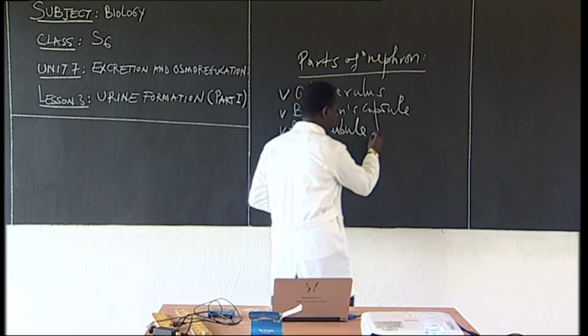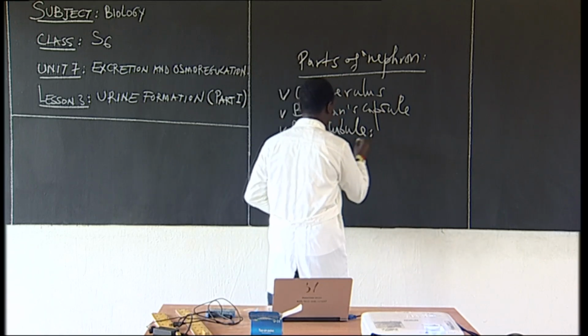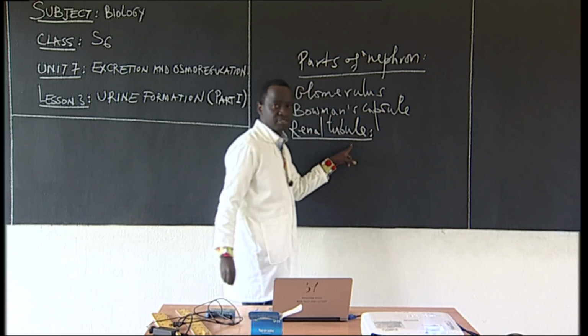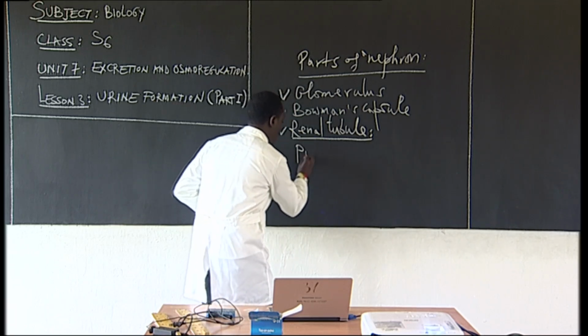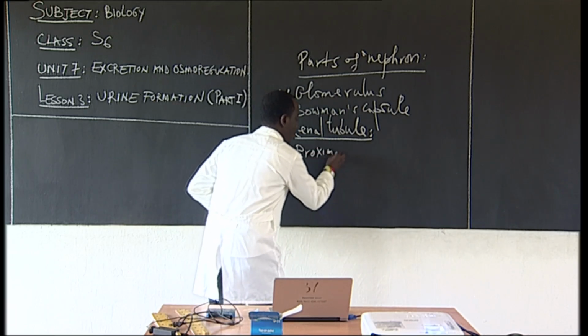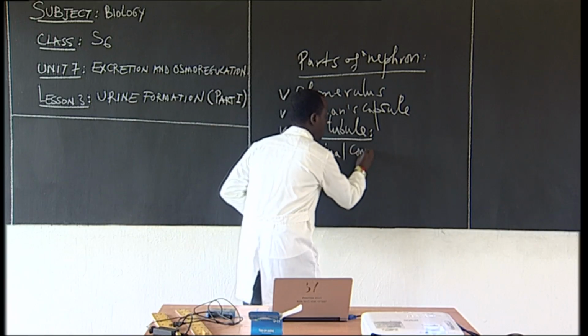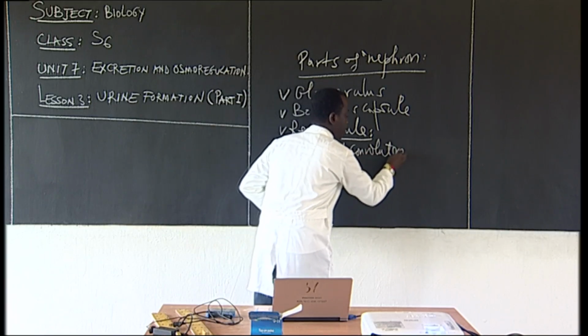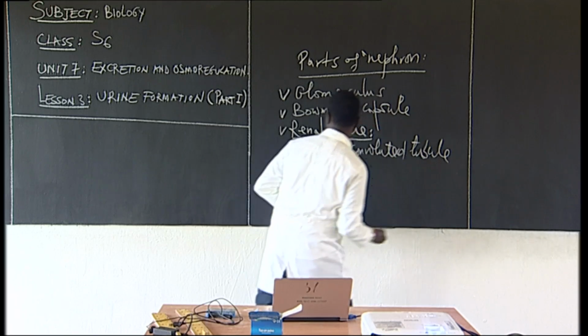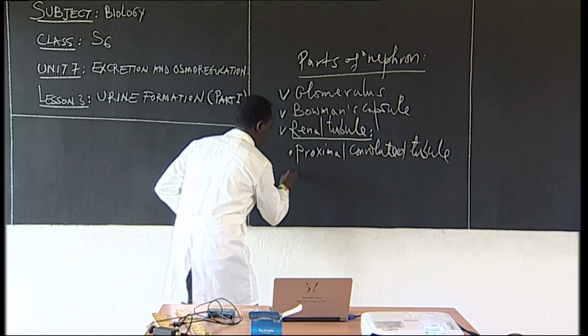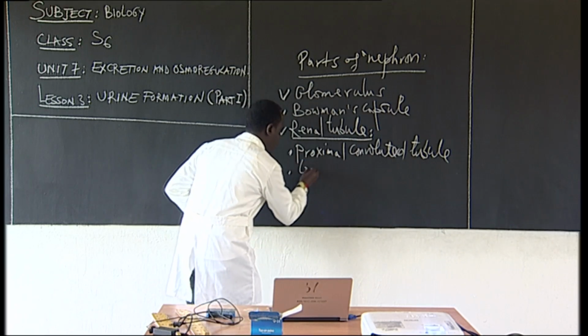When we talk about this renal tubule, it has also parts. Renal tubule has what we call proximal convoluted tubule. It has also what you call loop of Henle.